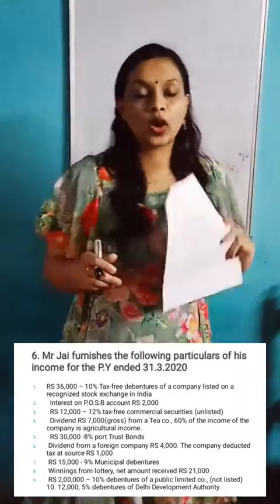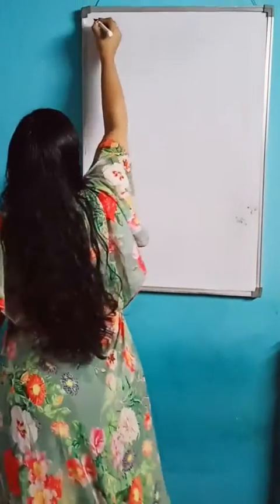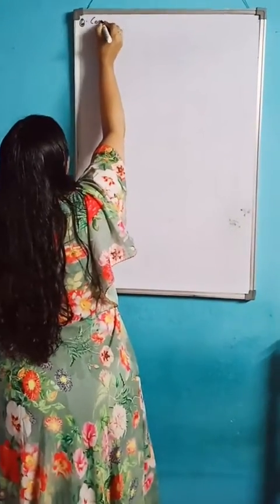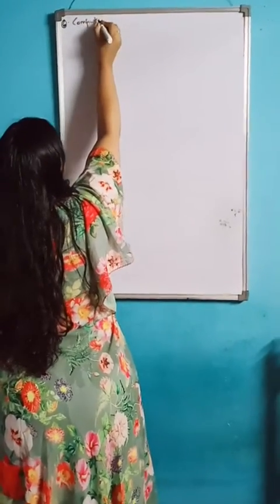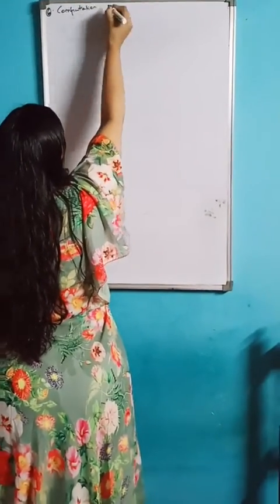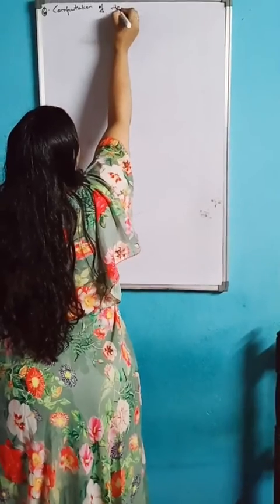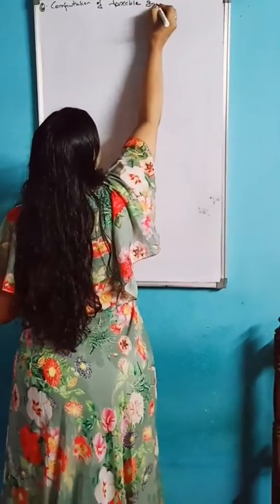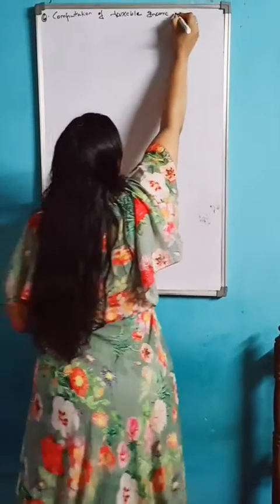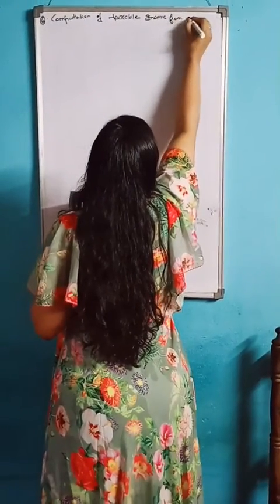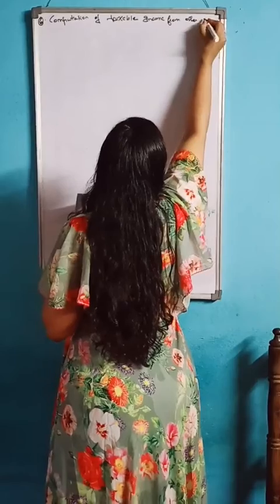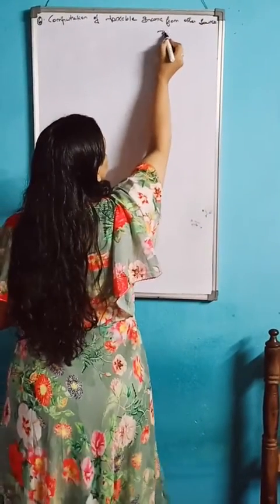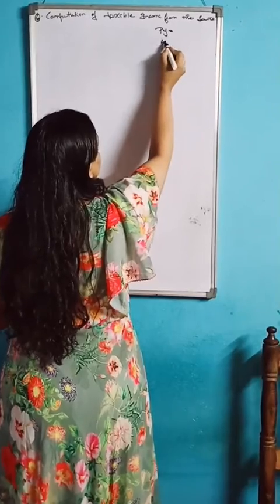So let's solve a problem. So the sixth problem is computation of taxable income from other source. Okay, there's previous year and assessment year.